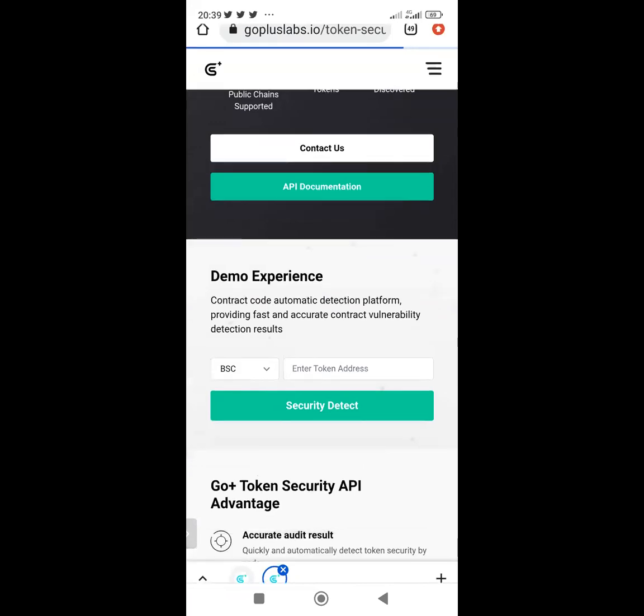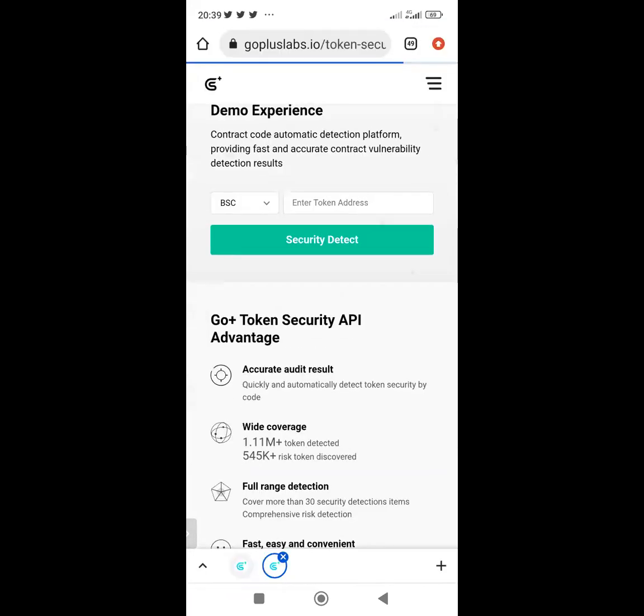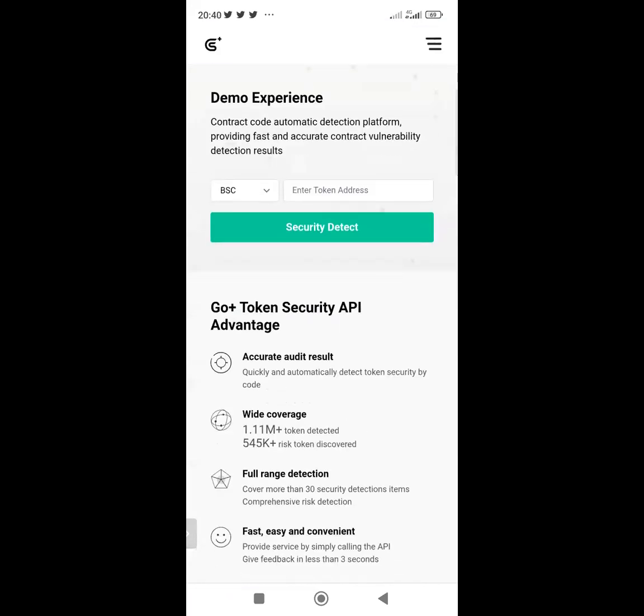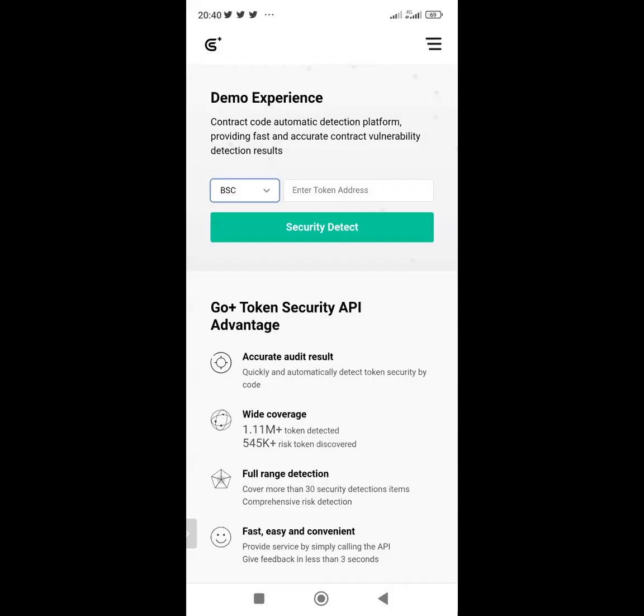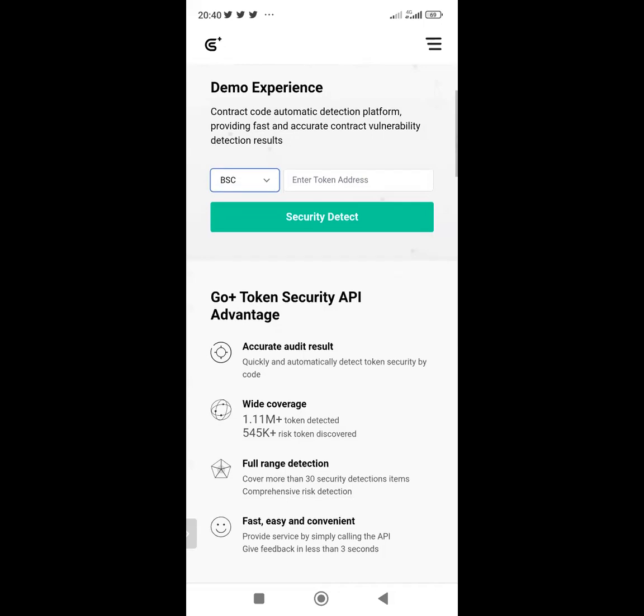It supports different networks, different blockchains in crypto. Look at, you have Ethereum, Heco, Arbitrum, Avalanche, all these blockchains, they are supported by GoPlus Security. That's all the tokens that are under those blockchains. It will detect whether they are good for you or not.